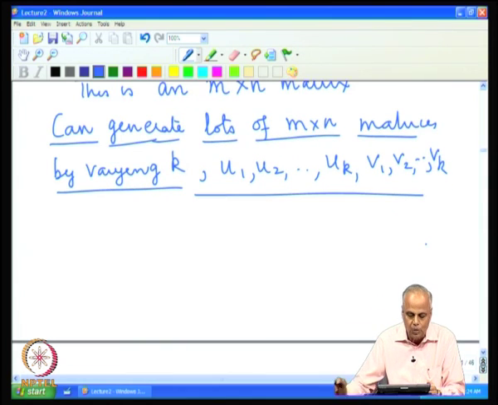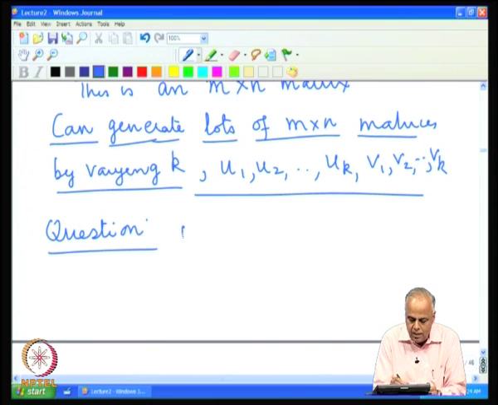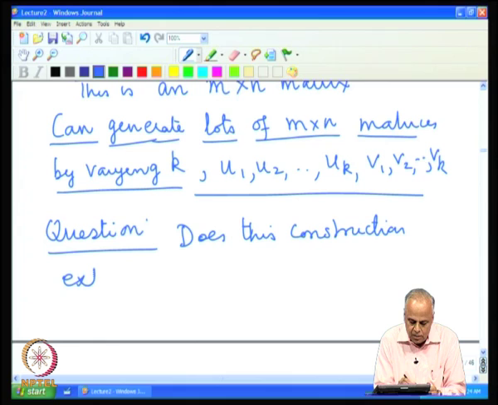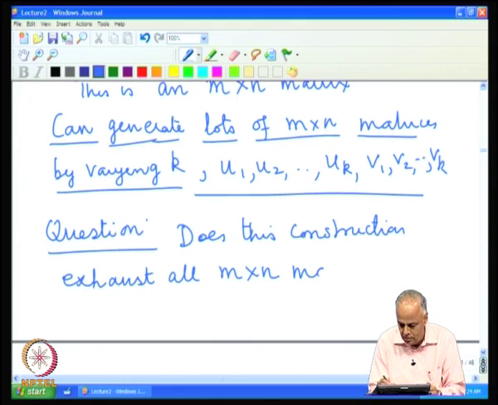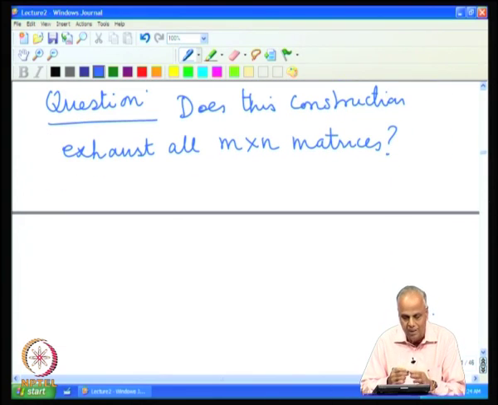The fundamental question is, does this construction exhaust all m by n matrices? What does this mean?